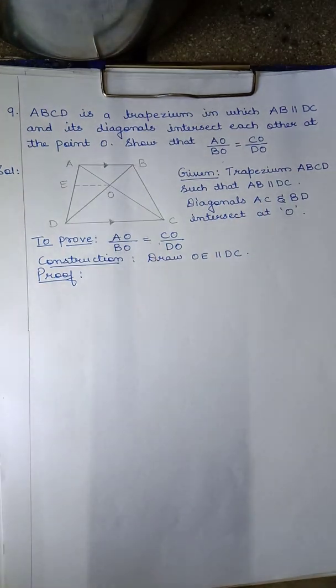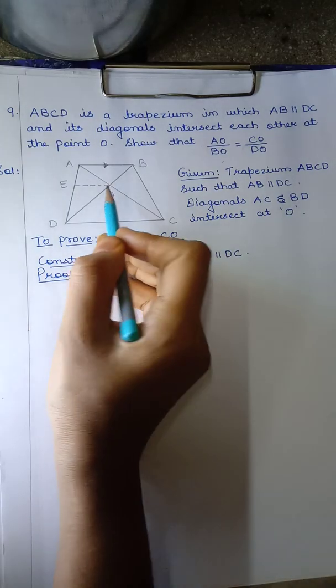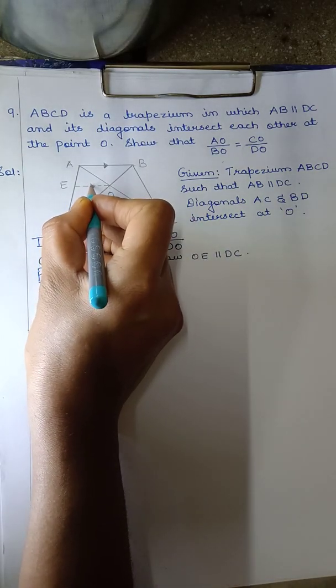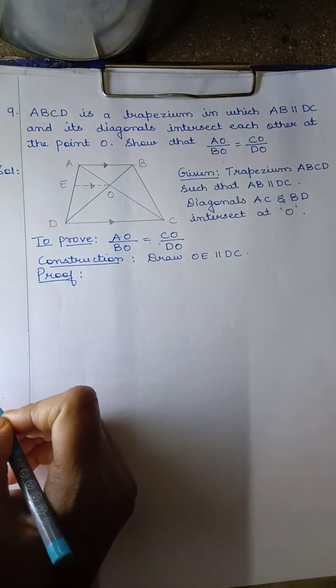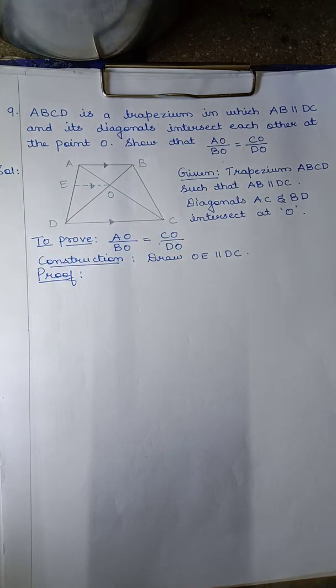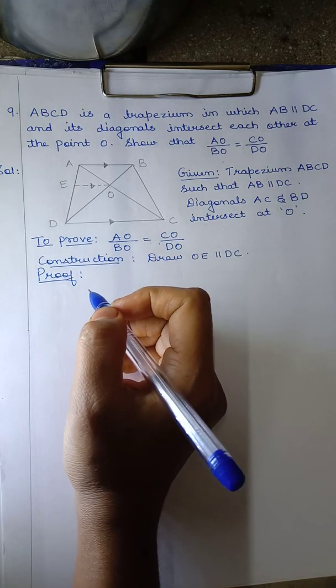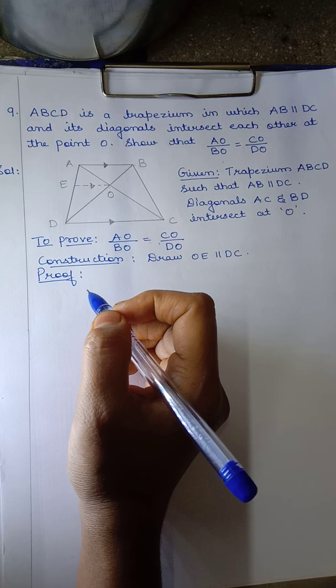And for this we have to do a construction, that is, draw OE parallel to DC. Now you have to prove that AO by BO is equal to CO by DO. Firstly, let's consider the triangles here and get two equations.